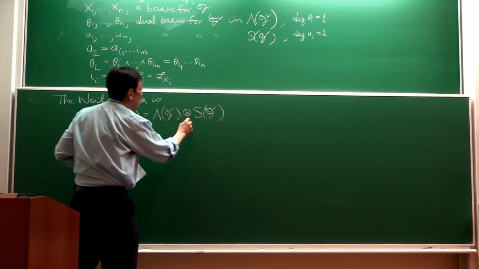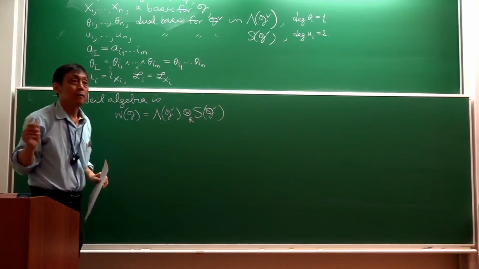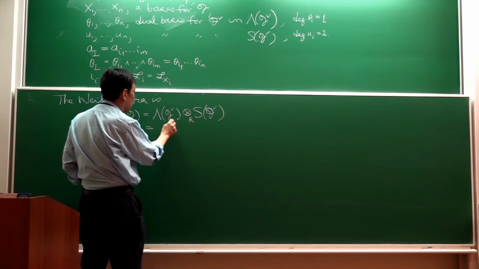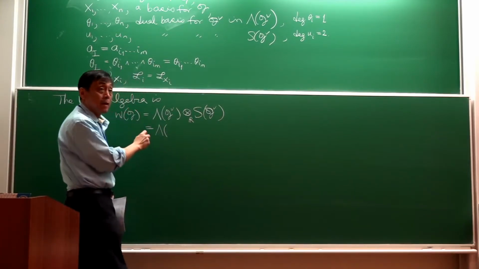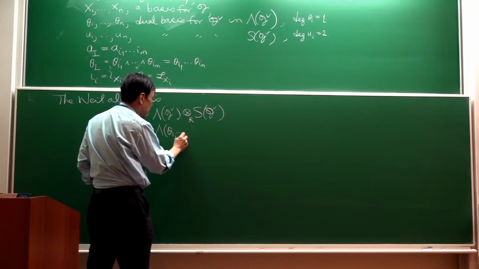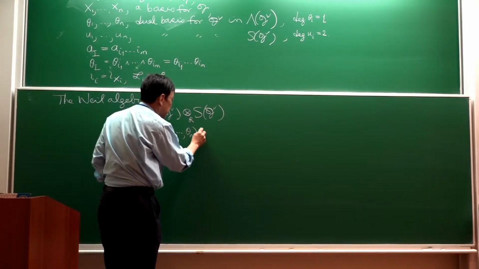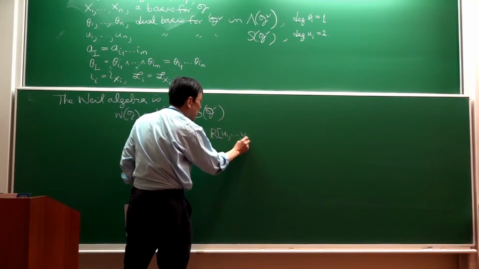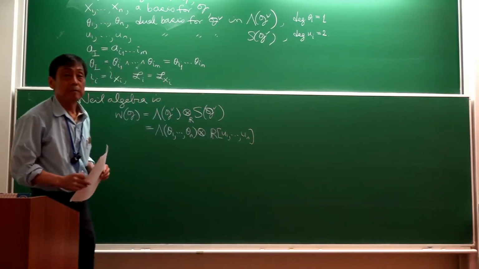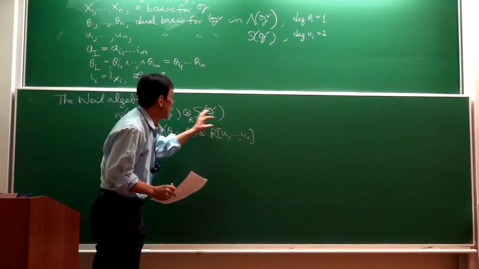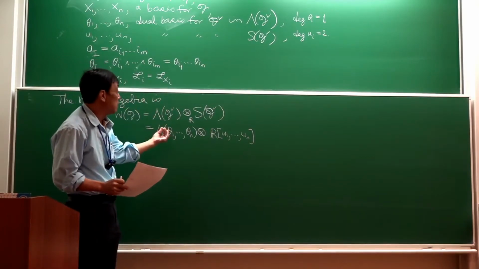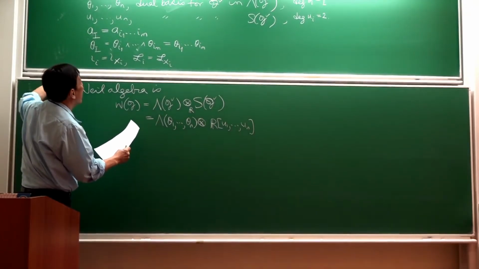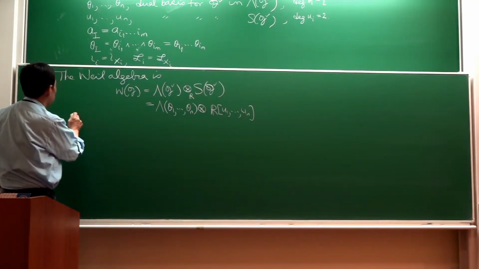And now this is over R, doing everything over R. And so this, in terms of the basis, is the free exterior algebra in the thetas tensor with the polynomial algebra in the U's. Okay? Because the U's have degree 2, so they are commutative. And the thetas are anti-commutative.